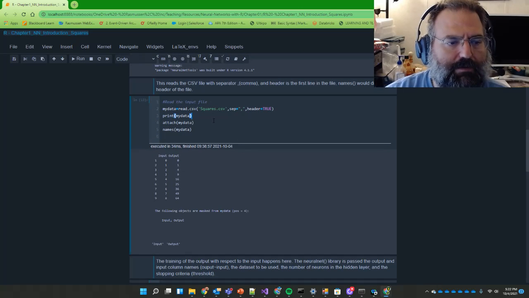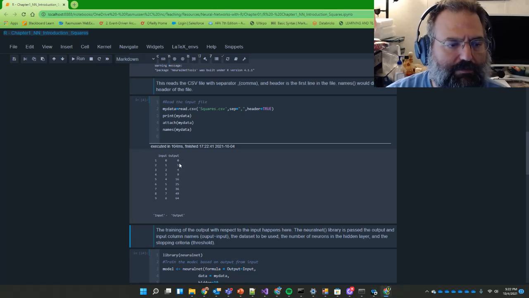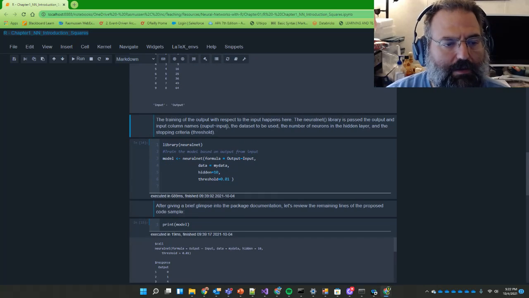So I've got the data here, which is the same that we just talked about. So the input 1 is 1, 2 is 4, 3 is 9, 4 is 16, and 5 is 25, and so on.